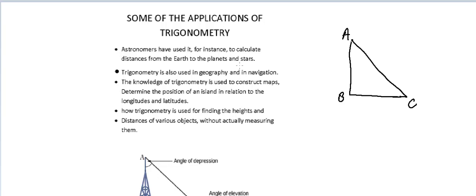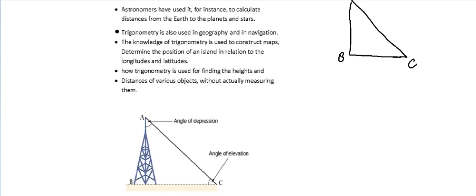Now we will understand the basic application of trigonometry which we can see in daily life. To understand it, we must know that trigonometry is actually used to find the distance or height of any object.